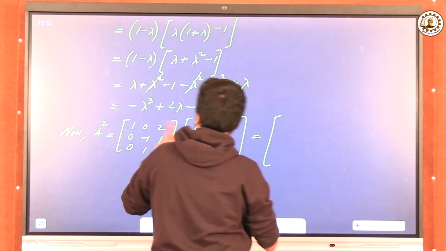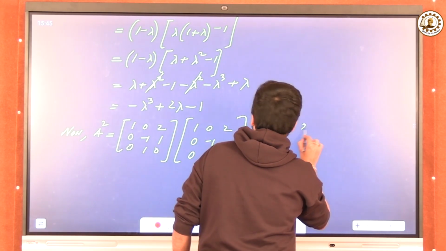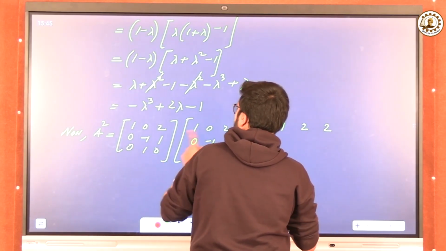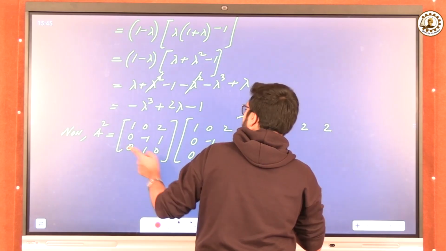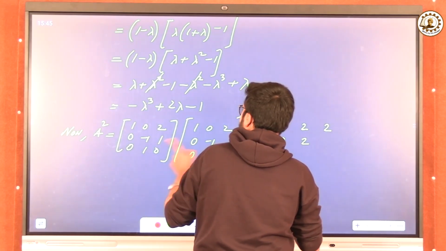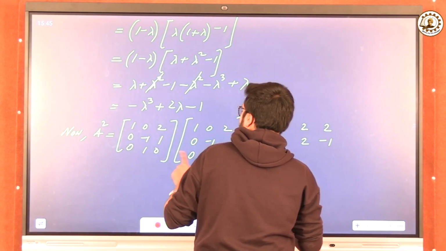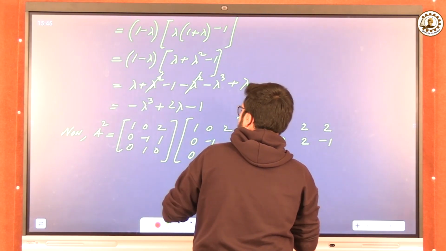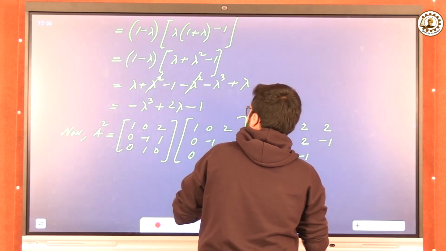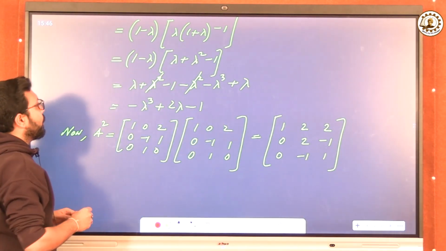So let's find it. 1, then 2, 0, 2, again 0, and finally it is 1. So this is the value of A square.